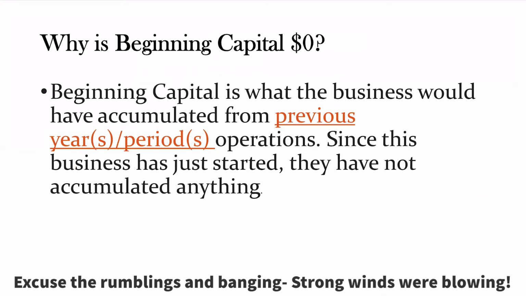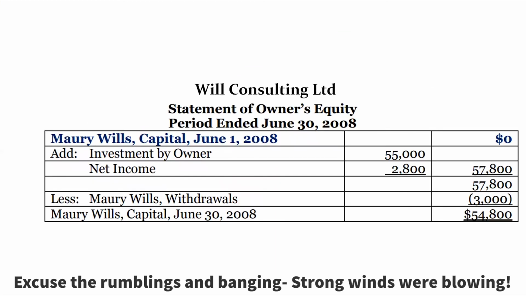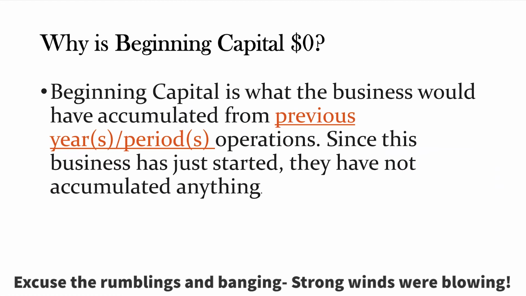This business just started, and because it just started, there would be nothing to accumulate as yet. Hence why our beginning capital at June 1, which was when the business just started, is zero. We only had investment by the owner, which was his injection of cash and the building, right? So that is noteworthy. Please pay attention to that.